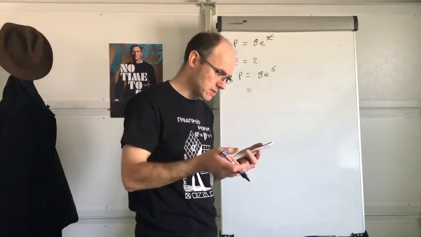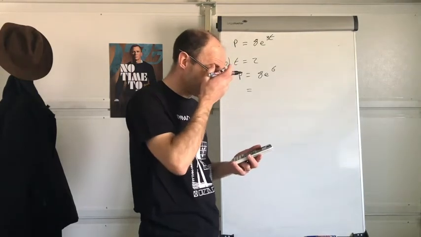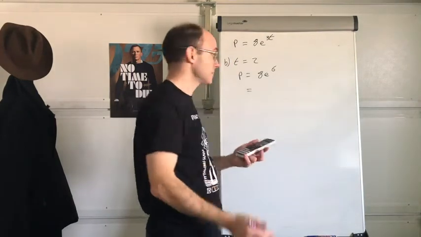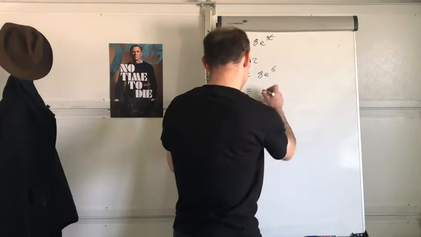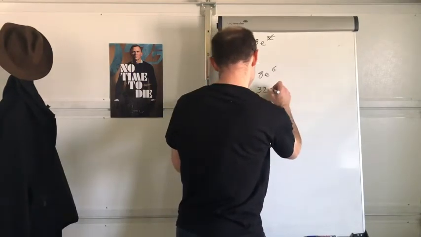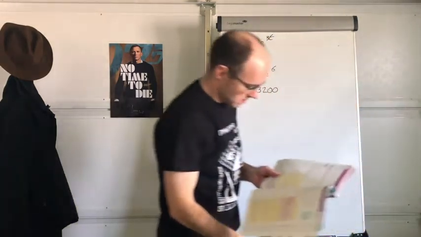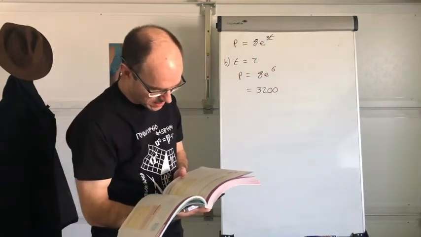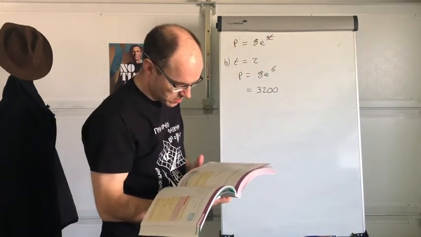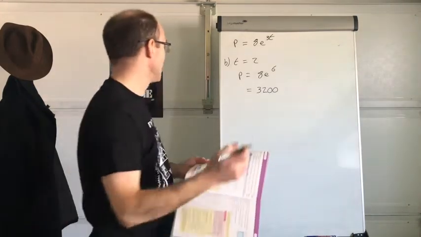So it would be 3,227. But it does say nearest 100, doesn't it? So 3,200. Just want to check that, yeah, size of population to nearest 100. So there it is, that's that. And then part C.